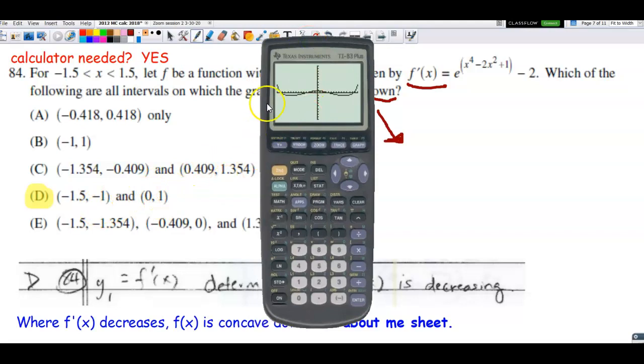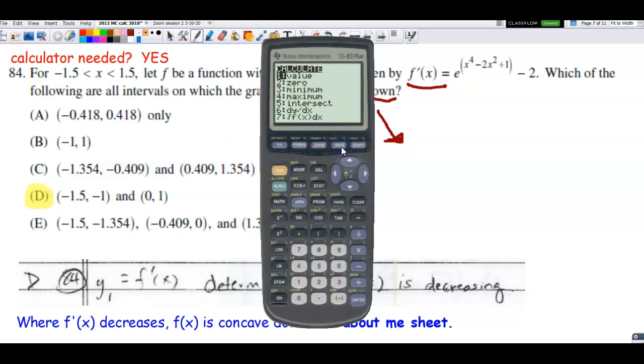Now it looks like the decrease starts at 0, but just to be on the safe side, I can see that the graph is decreasing starting at negative 1.5. So it's already going to be between D and E. And then right down here, the first derivative graph starts to increase. So I need to know what that local minimum is.